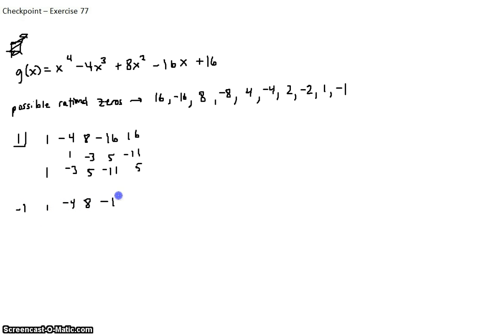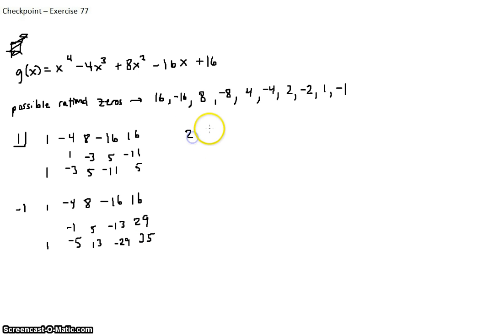And the goal for this is to get a remainder of 0, because then that tells us that we found a 0. Well, this one won't be a 0 either.